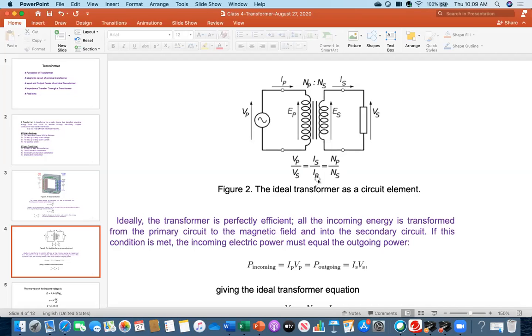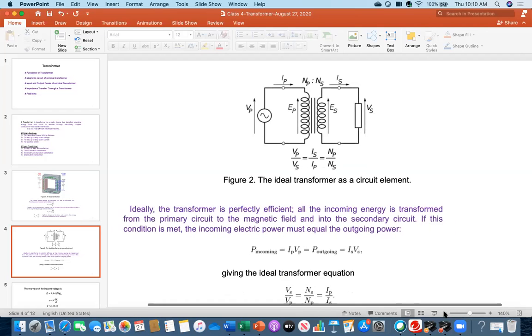It is opposite. It is not like Ip over Is. Then it would be pretty easy to remember. You see Vp over Vs, Np over Ns. So Vp, Np, Vs, Ns. It is easy to remember. But once it is current, it is opposite. Ip is in the denominator, Is is in the numerator. Therefore, why did this happen? See the explanation that I have provided below.